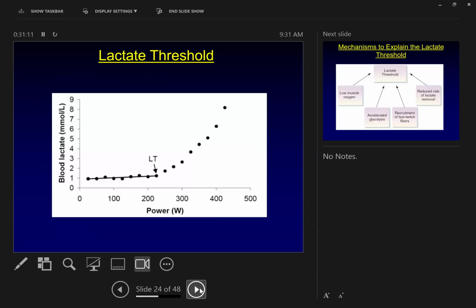I don't know that we do this in testing and prescription, or if you do it in Dr. Ferrer and Andrea's class, but you can measure what's called lactate threshold. What you see here on the y-axis is finger stick measured blood lactate. On the x-axis is power output on a bike.